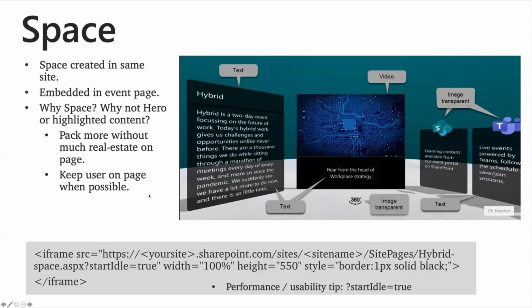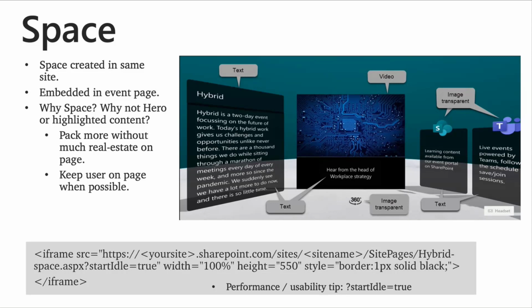You might wonder why I went with a space and not a hero or a highlighted content web part. A couple of reasons. One is I'm able to pack more content within the space without taking too much real estate on the page itself, because I'm using the embed web part.